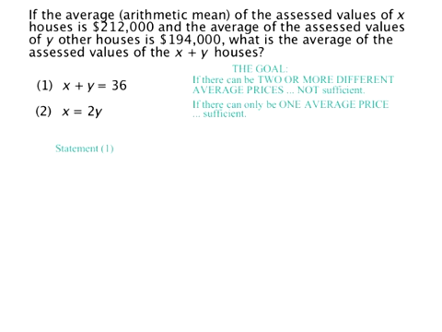Well, let's see. Statement 1 says we just know that X plus Y is 36. So you don't have to actually do a bunch of math. Steve number 2, let me just go look. That was B, boy.